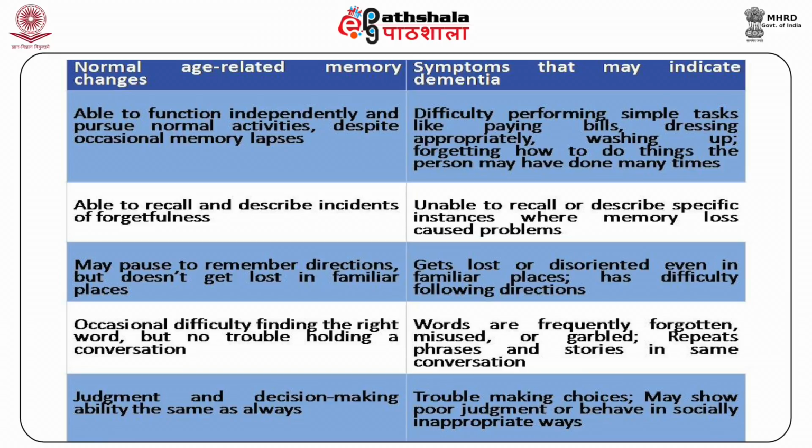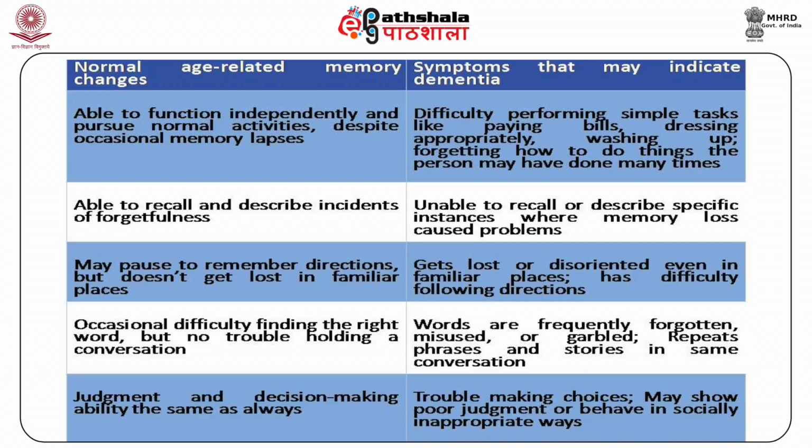For example, in normal related memory changes, the individual is able to function independently and pursue normal activities despite occasional memory lapses. However, the symptoms that may indicate dementia are difficulty in performing simple tasks like paying bills, dressing appropriately, washing up, forgetting how to do things that the person may have done many times.